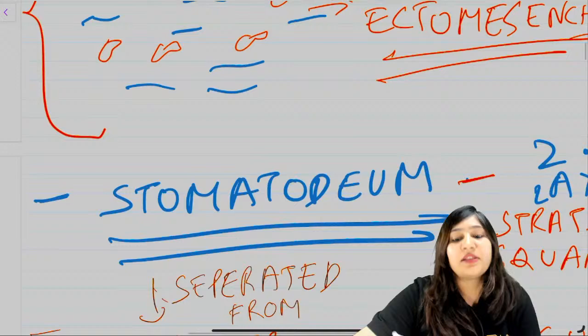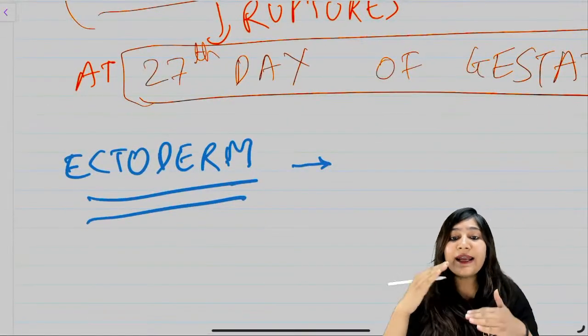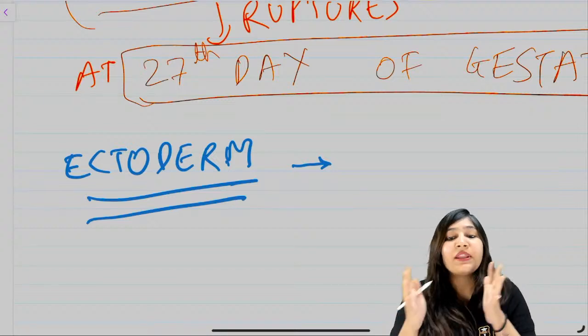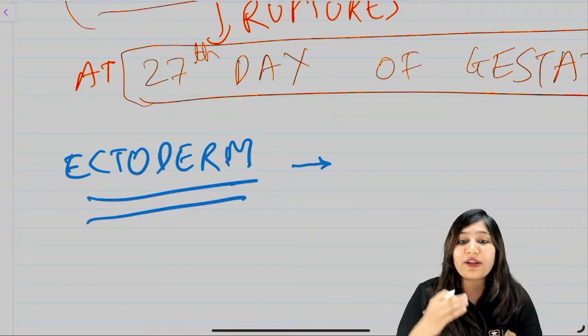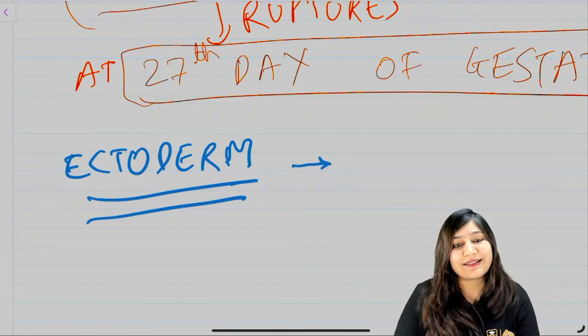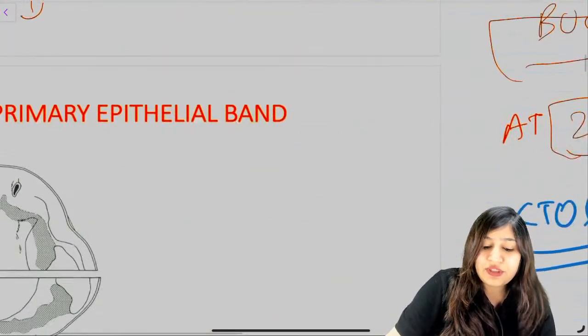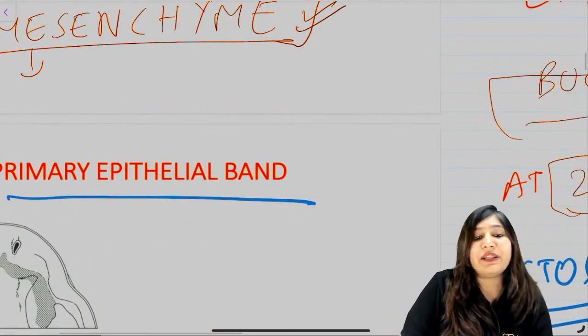Right? So, once it gets signal from the ectomesenchyme, certain basal cells of oral ectoderm proliferate more rapidly as compared to their adjacent cells, leading to the formation of primary epithelial band.